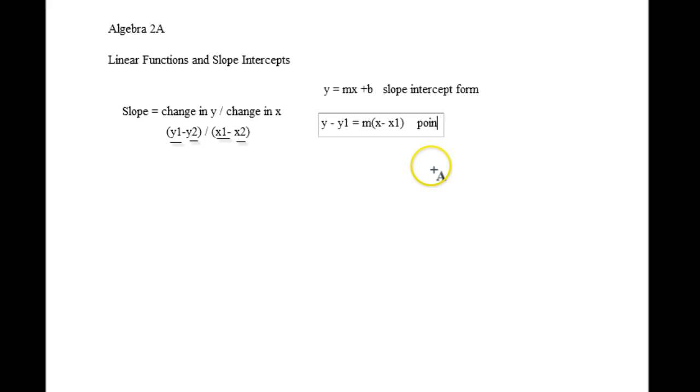Slope is right there. Now there are some general formulas you'll need to remember. There is y equals mx plus b, which is the slope-intercept form. Okay, the always famous y minus y1 equals m times x minus x1, which is the point slope form.